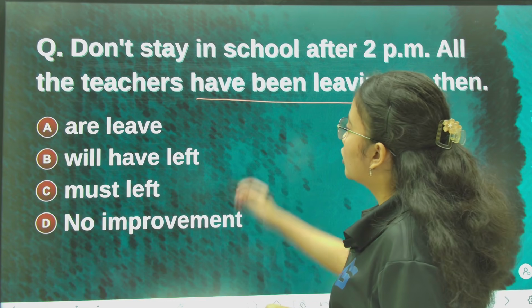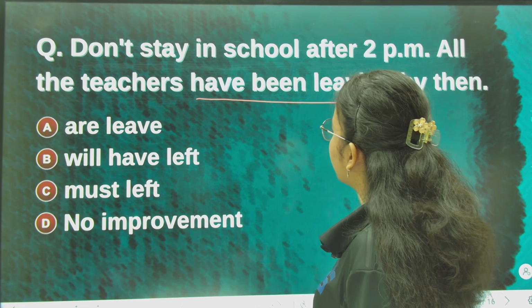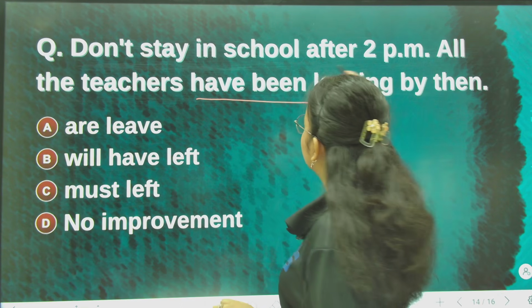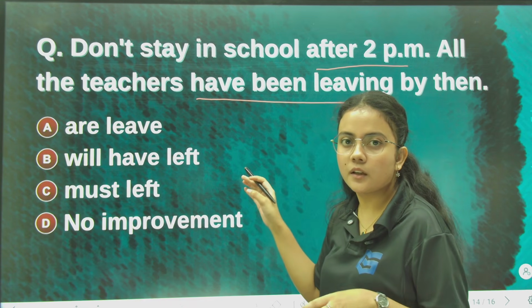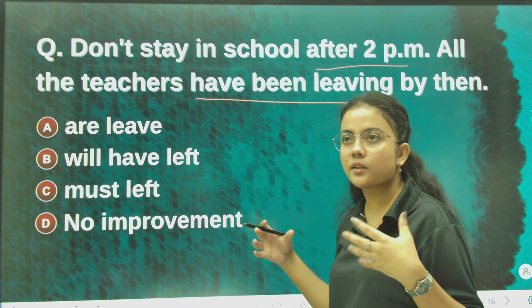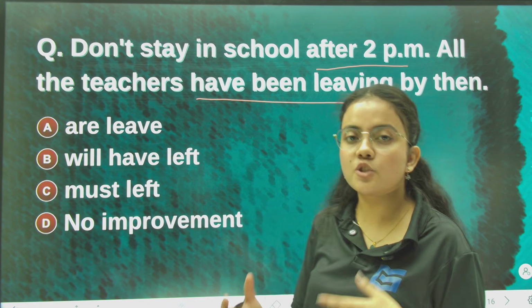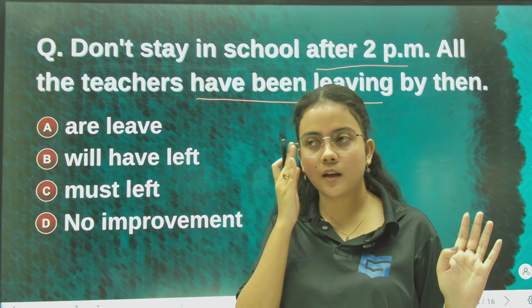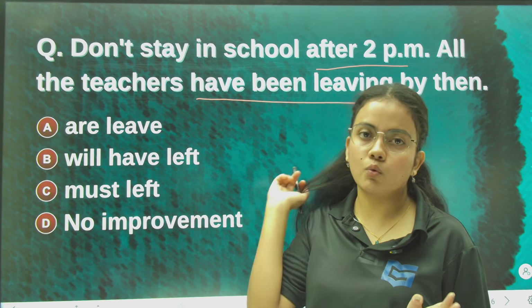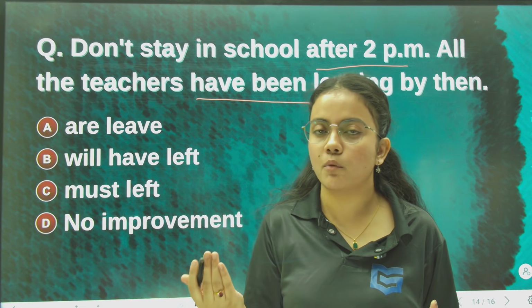See, don't stay in school after 2 p.m. means staying in school after 2 o'clock is prohibited, so clearly a reason has been given, right? Don't stay in school after 2 o'clock because after that time all the teachers will have left by then. So there is a reason why staying after 2 o'clock is prohibited.